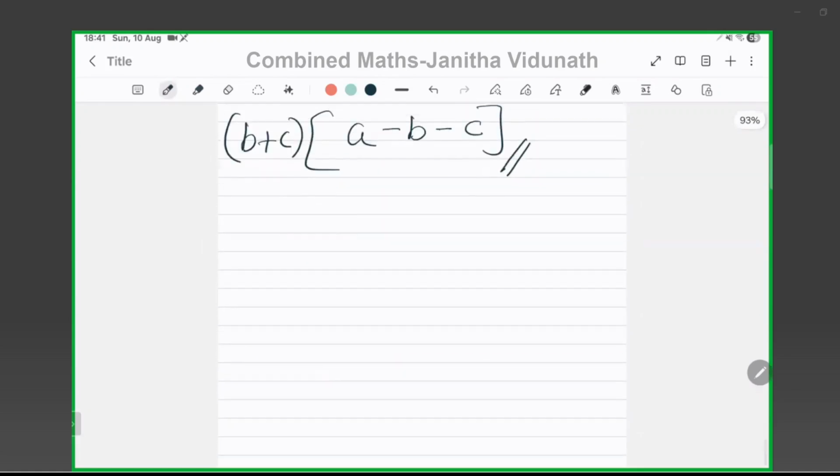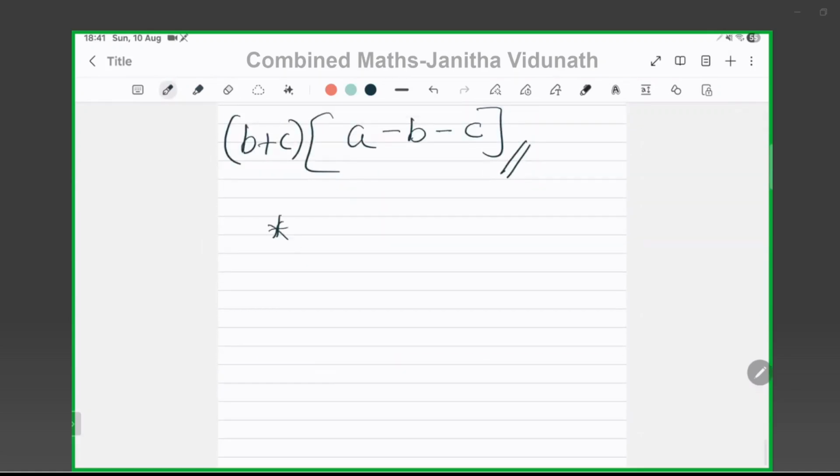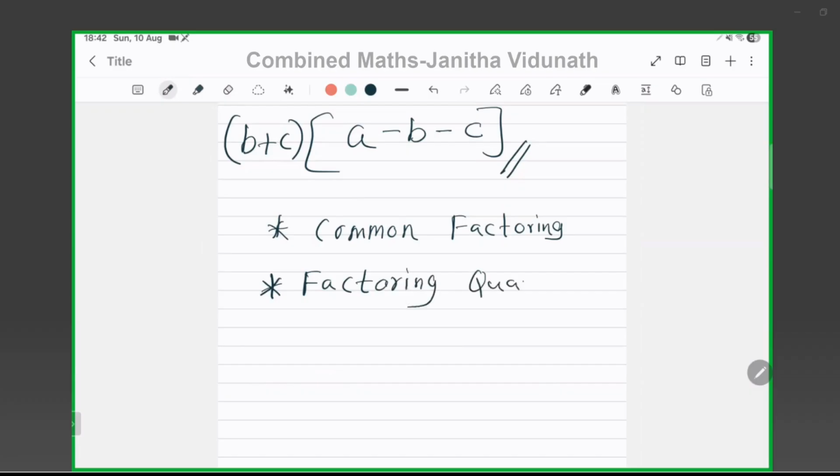Okay. Today we learned some techniques for factorization. The first technique is common factor. The second method is factoring quadratic trinomials.